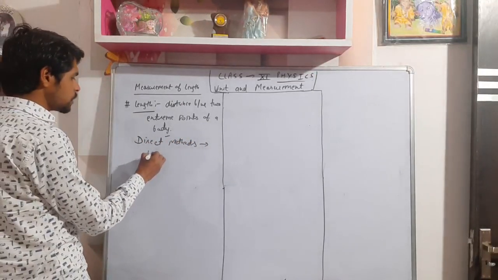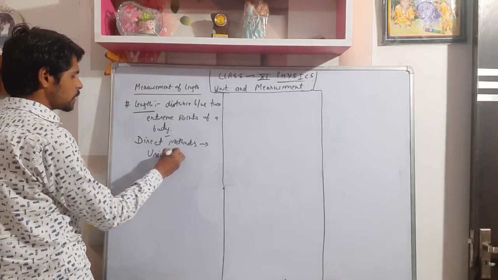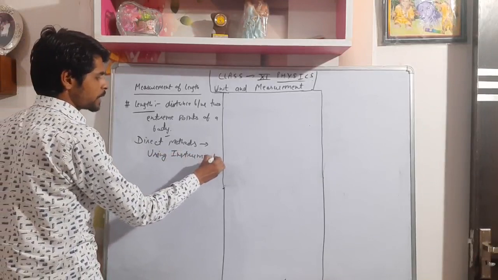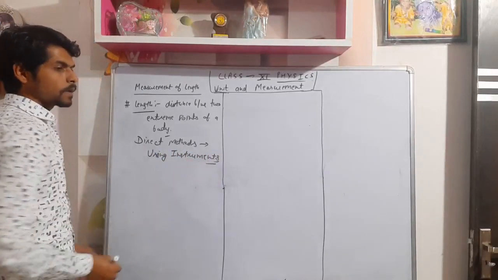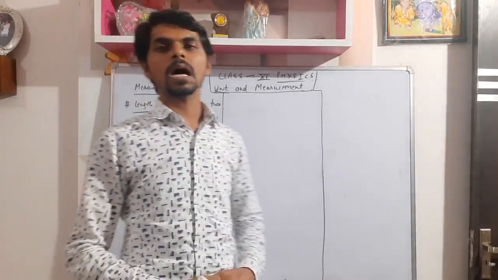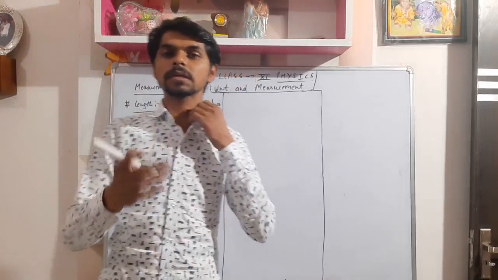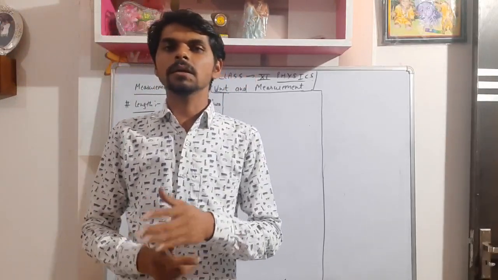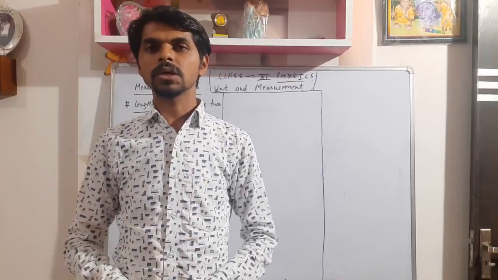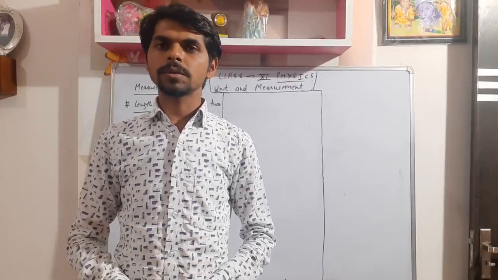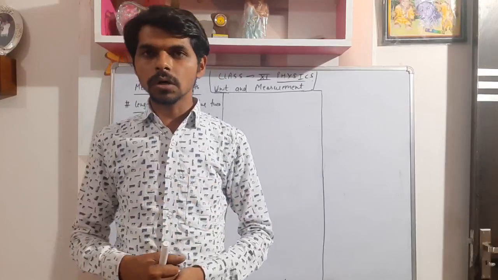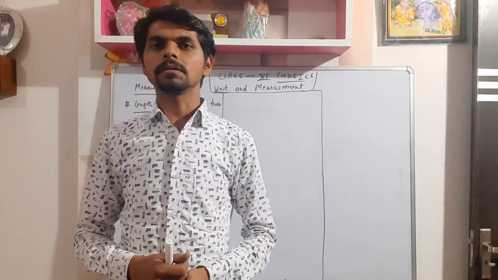Direct methods mean using measuring instruments. If we are measuring the length with the help of a scale, that is a direct method, because we are using a measuring instrument here. We are using inchy tape for measuring the length of a cloth. That is also the direct method.